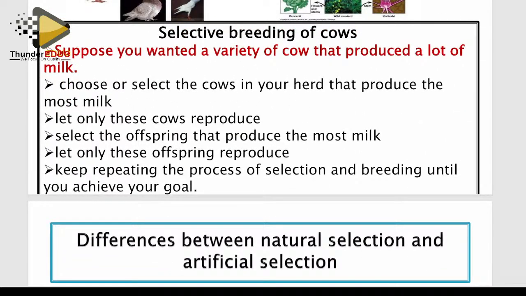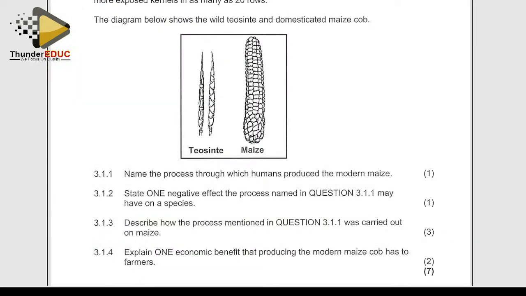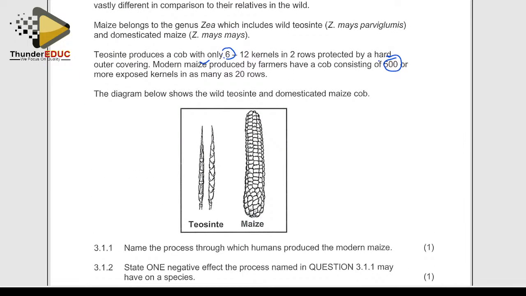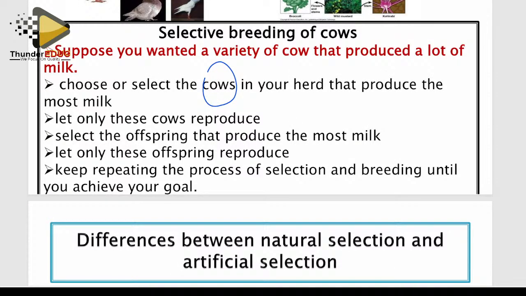You choose or select the maize in the field that produces more maize. You understand? So what happens? You modify them, and then let only those maize reproduce because they have more rows of this meal. Then select the offspring that produce more on the cob.